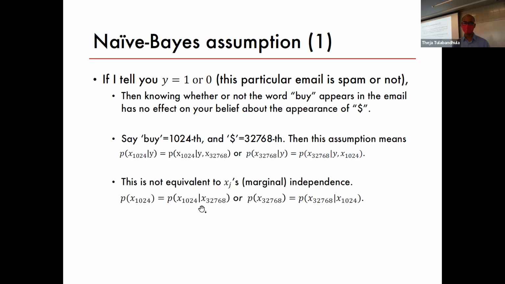If this was true, then you would say that these two random variables are independent. But we're not saying they're independent. In fact, if they're independent, there's going to be a huge issue with this model. The model is actually saying that conditioned on the class they are independent. Unconditioned, they're not independent. So it's still retaining some strength about dependency between these words. It's just that conditional on being in one of the classes or the other, they are independent.